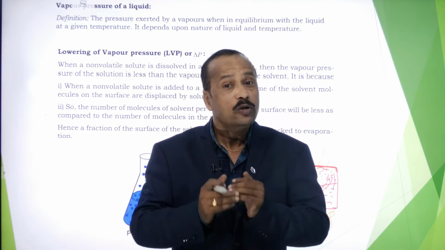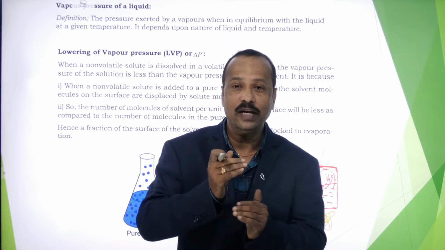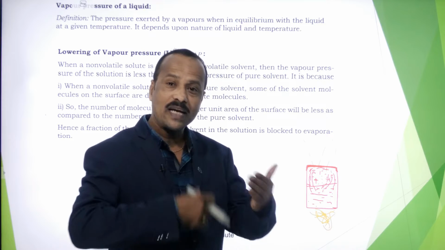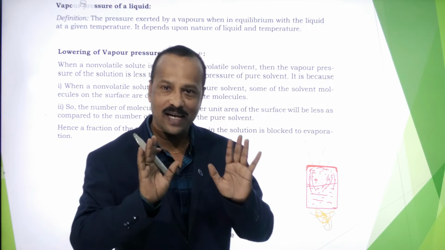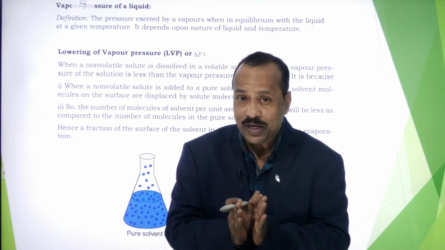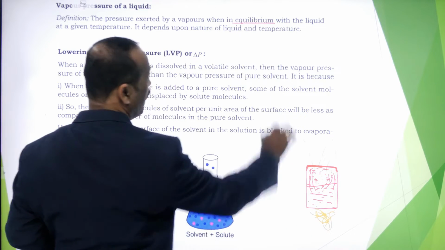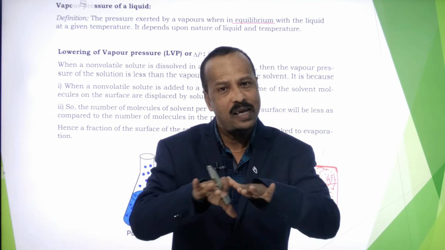Is this clear? The amount of liquid converting into vapor is the same as the amount of vapor converting into liquid, so the process continues inside. Then we can say that it is under equilibrium. Did you listen to the word equilibrium? Equal.